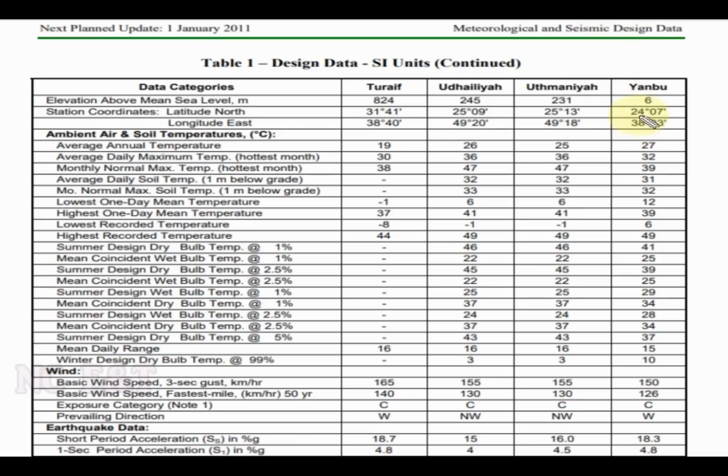In the table provided by the meteorological department of Saudi Arabia for Yanbu, we see the elevation above mean sea level is 6 meters, latitude north 24.07 and longitude 38.03. The design dry bulb temperature is 41 and wet bulb temperature is 25. The mean daily range is 15, while the winter design dry bulb temperature is 10 degrees Celsius.